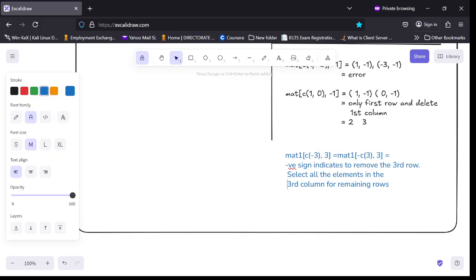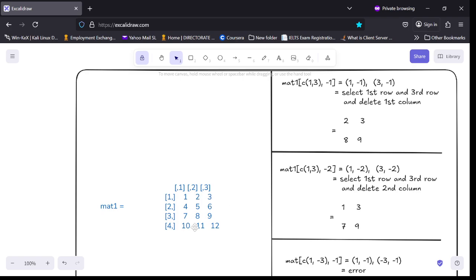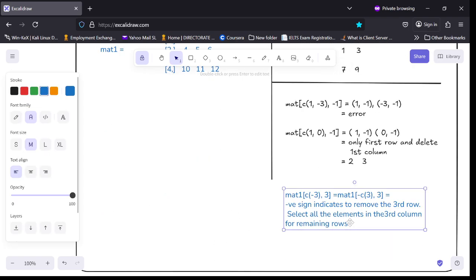And that is the basic understanding for this output. That's it. And here is the matrix.